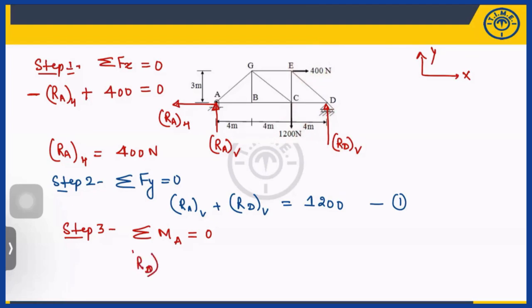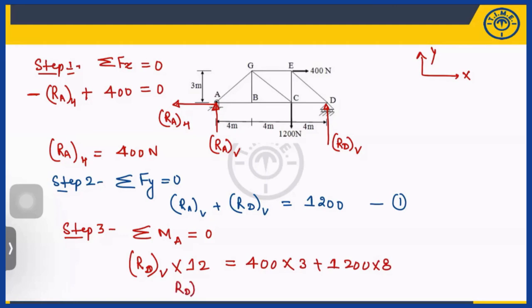RDV into what is this distance? This distance is 12, so RDV into 12 is equal to 400 into 3 plus 1200 into 8, because you have to calculate the moment about point A.